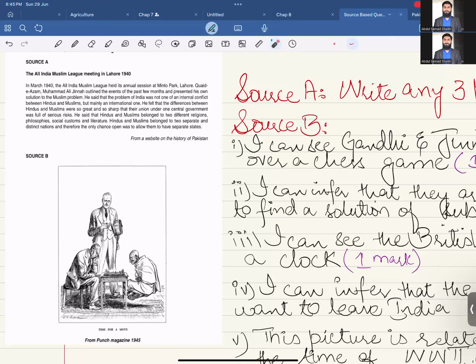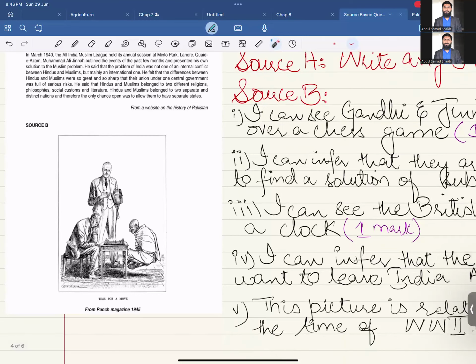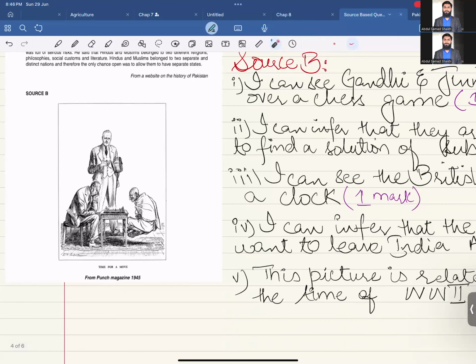So answering source A is quite easy. Let's move on to source B. Here we have a picture wherein we can see Jinnah sitting on one side, and on the other side we can see a chess game between both Jinnah and Gandhi.